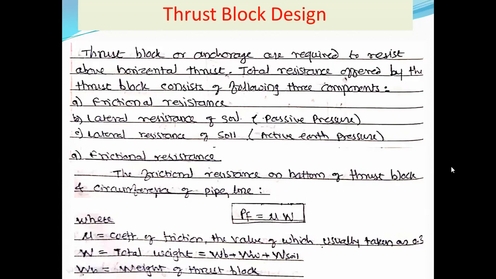Then write down the title, first, frictional resistance. Under that, write down this formula. PF is equal to mu into W. And write down these terms, mu, capital W. Then what is WB?